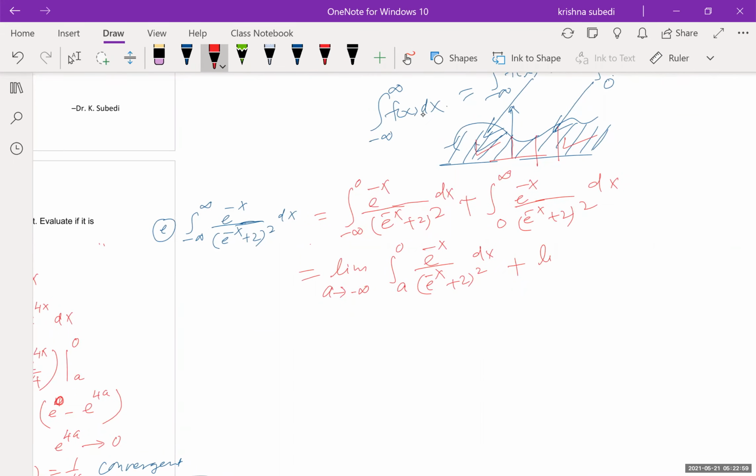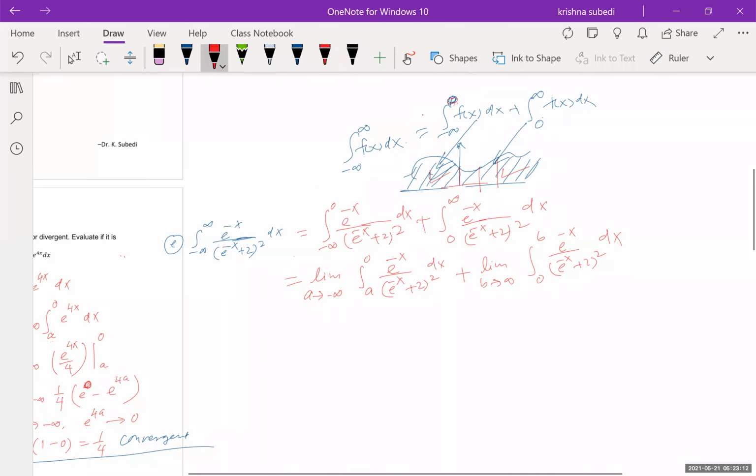Plus limit b tends to infinity, 0 to b, of e raised to power negative x over (e to the negative x plus 2) square dx. Now consider just the indefinite integral. Let us first evaluate the indefinite integral and then we substitute the value. Okay, let us evaluate this first.